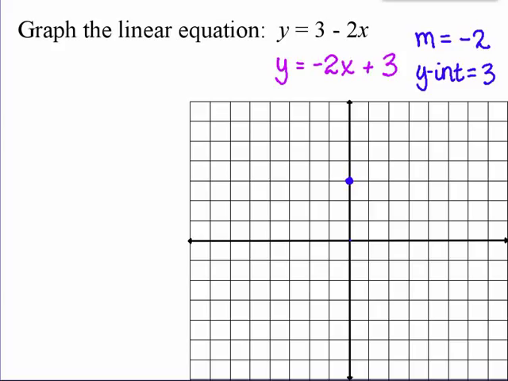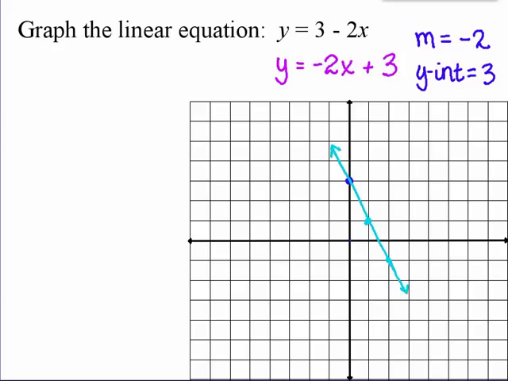From this blue dot, you go down 2 and over 1. If that had been a positive 2, you would have gone up 2 and over 1. The last thing you need to do is draw a line through those dots, and that is how you've graphed that equation. Once again, we start with the y-intercept, and then we graph the slope.